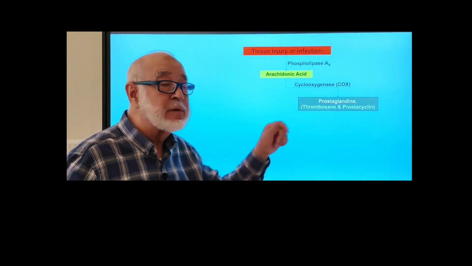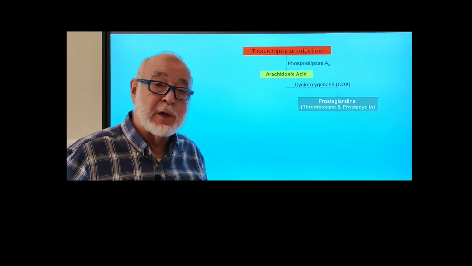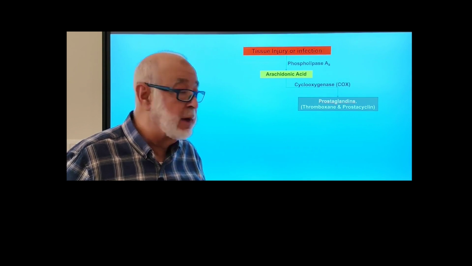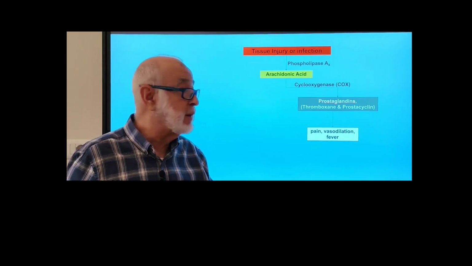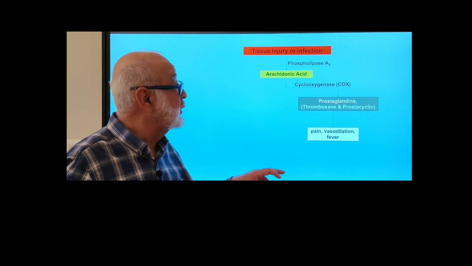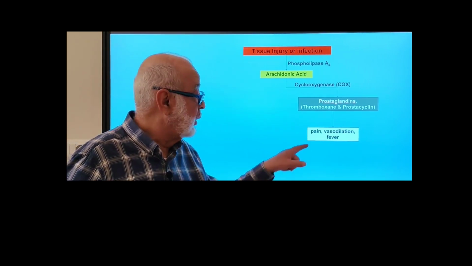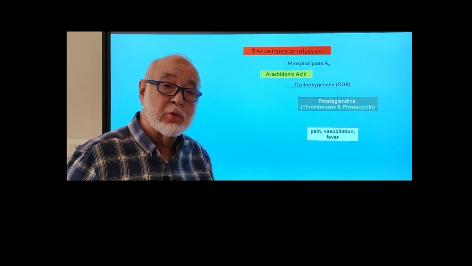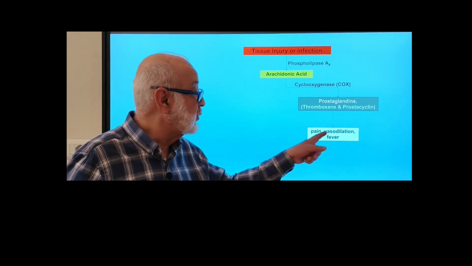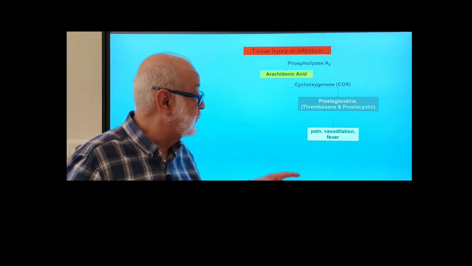These prostaglandins are inflammatory mediators. What does it mean? They cause stimulation of the sensory nerve ending, causing pain sensation. Also, they can relax smooth muscles of blood vessels, causing vasodilatation. That's why we have the redness and erythema at the site of inflammation.